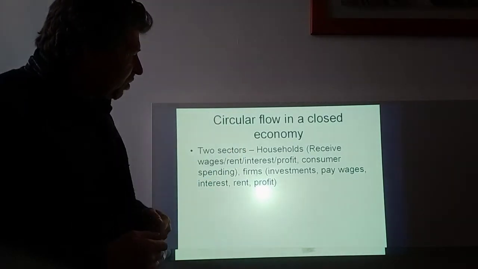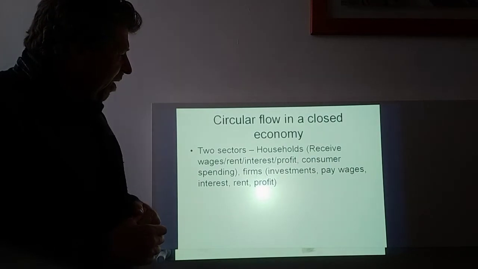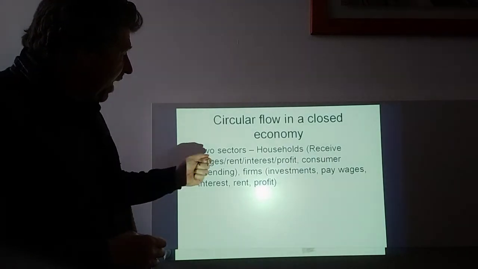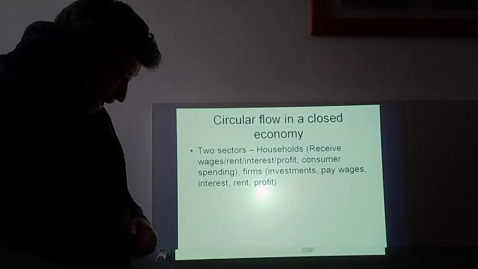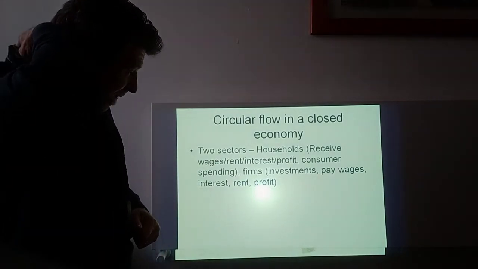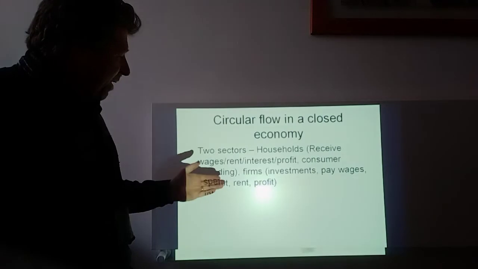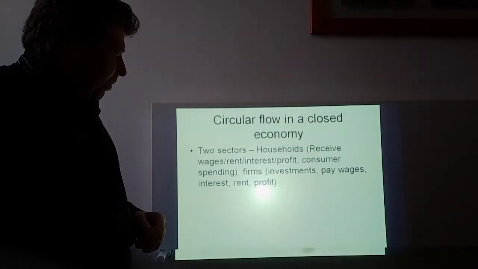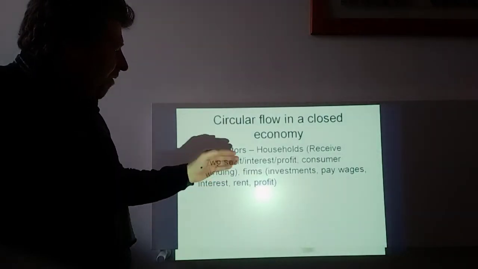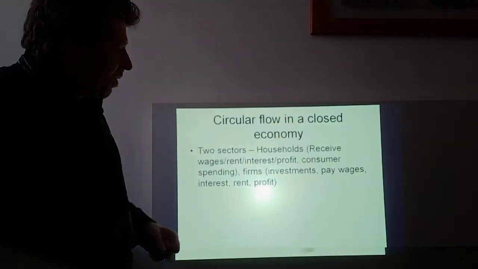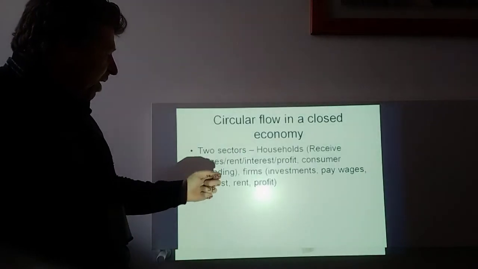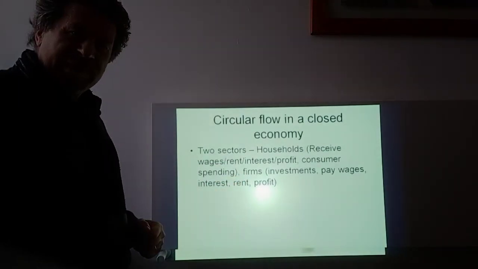But in a closed economy, we just consider the households who receive wages, rent, interest and profit, which is the income, isn't it? And then also spend. So we've got this expenditure. And then the firms, which spend investments, wages, interest and rent, and receive profit.